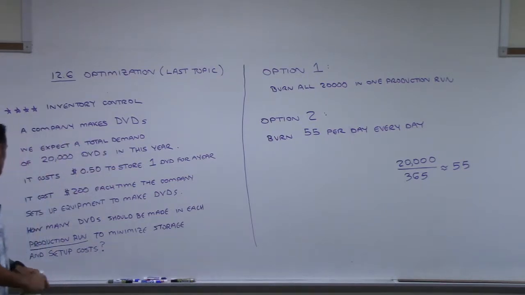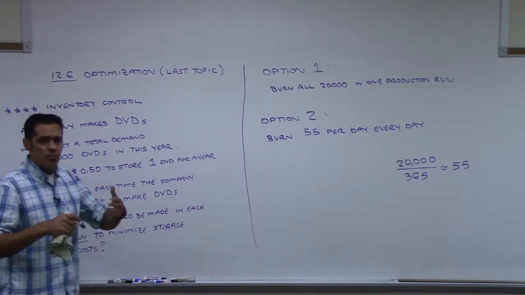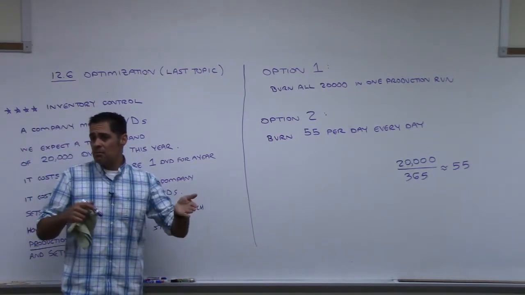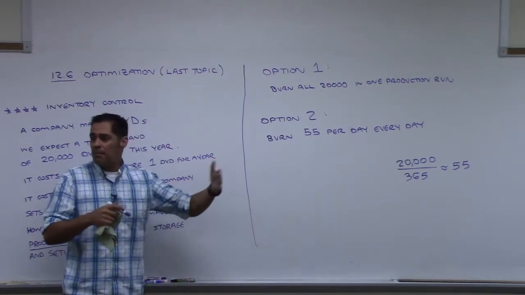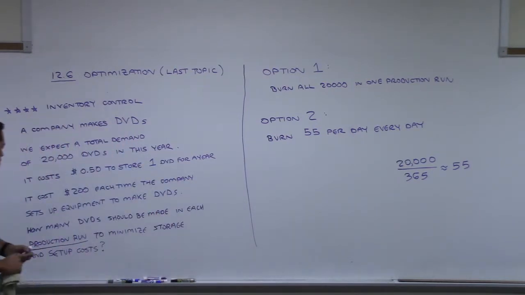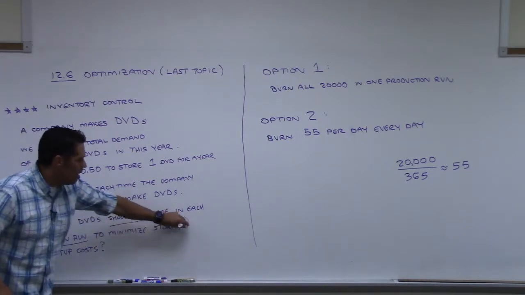The question here, how many DVDs should be made each production run to minimize the storage and setup costs, is saying, hey, try and figure out, is there maybe a balance where you do the production run once a month and burn however many, and that will be the best way. So we're trying to minimize the costs, right?